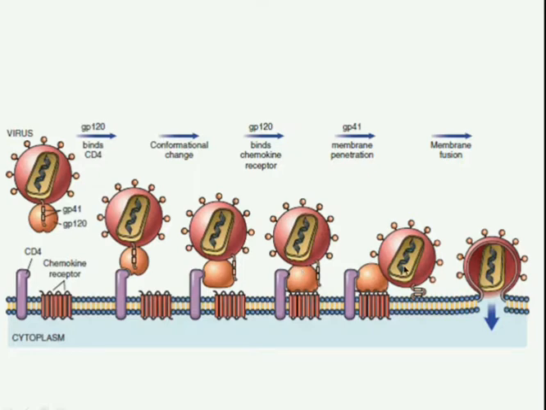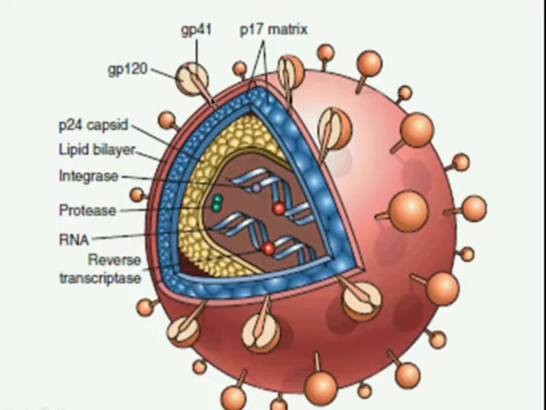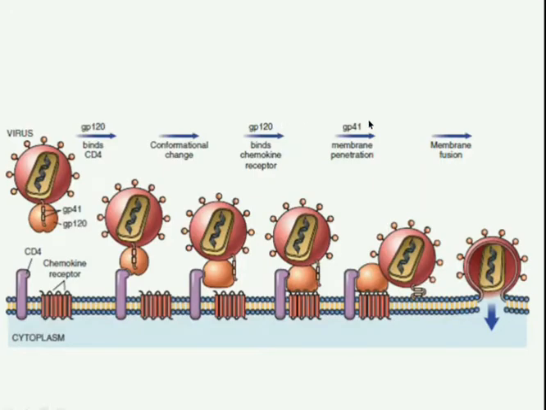This leads to fusion of GP41 with the cell membrane and insertion of the viral components. About 1% of Americans do not have functional copies of CCR5.